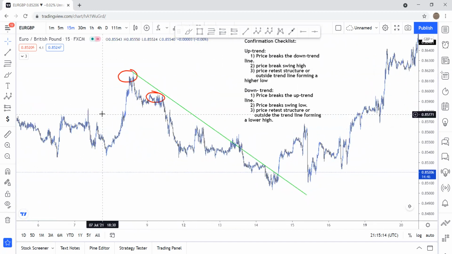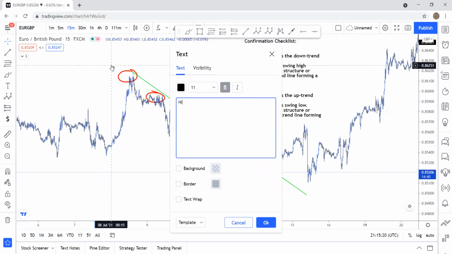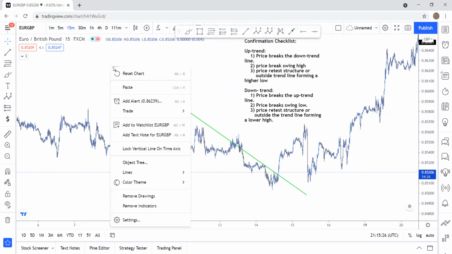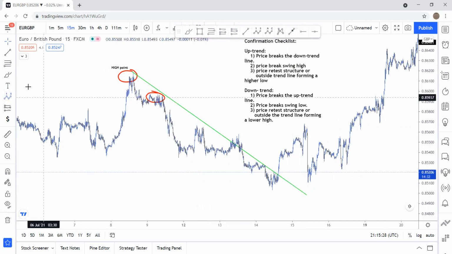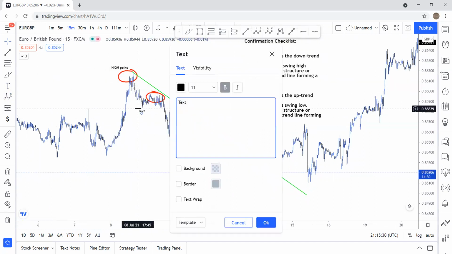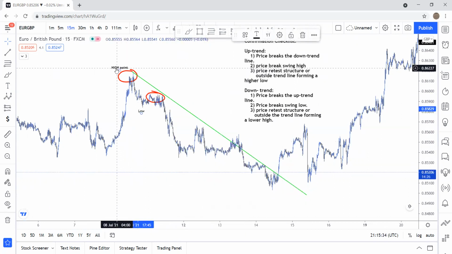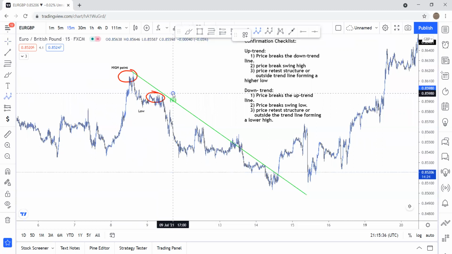So let's review. As you guys can see, first we have a high point here. We have a high point, and we have a low point right here. Then we have a lower high.